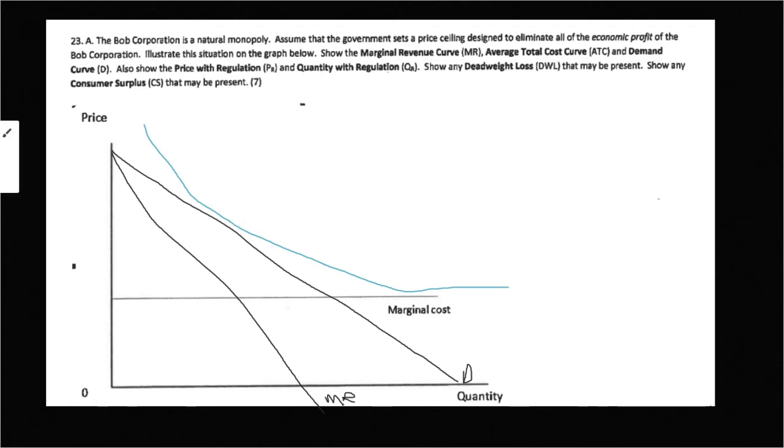Actually, let's redraw this ATC, because we want it to intersect the demand curve at some point, but not the marginal revenue. So let's say something like that. So this is ATC.